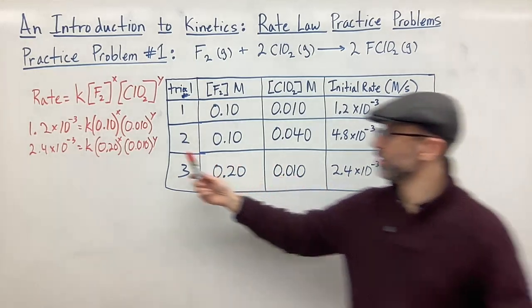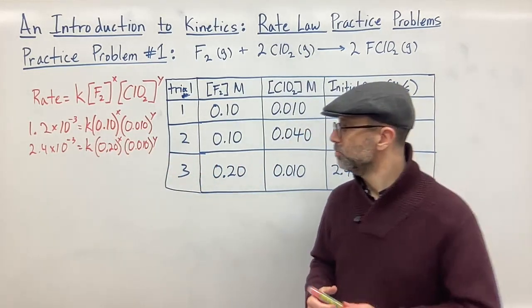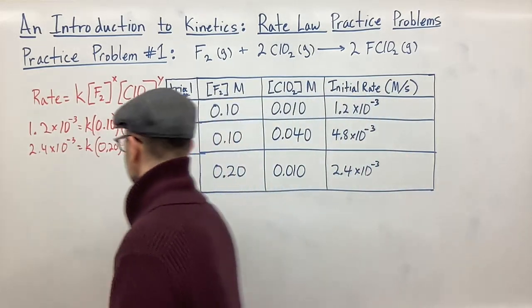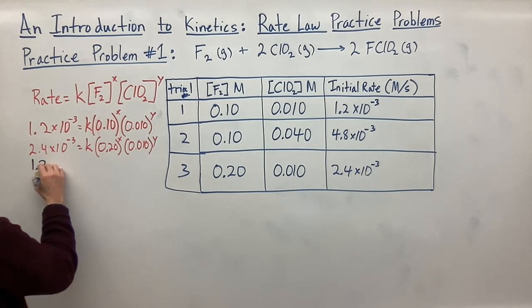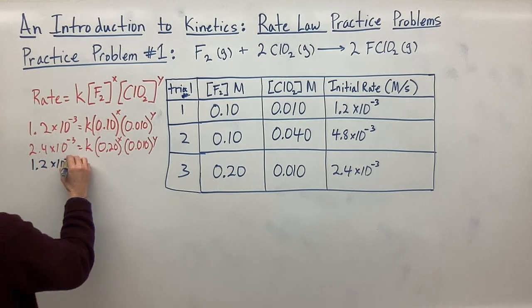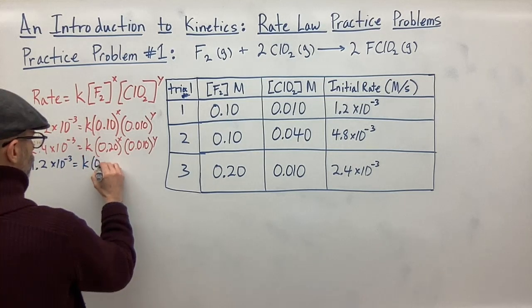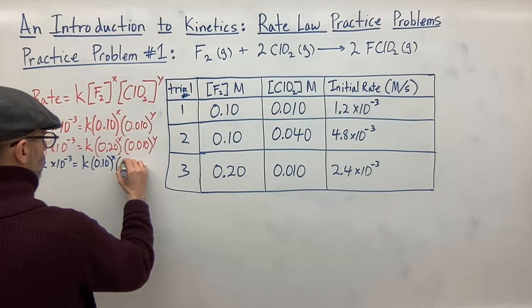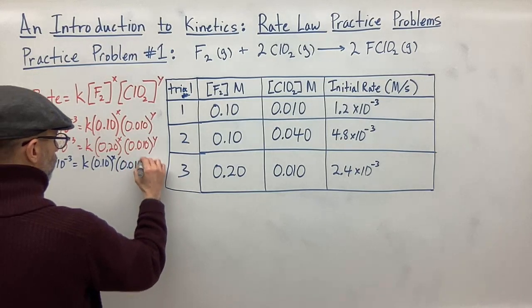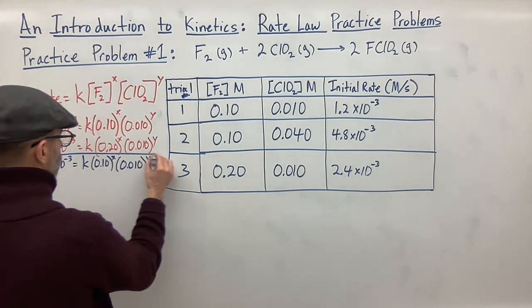So now all you have to do, now that you have these two expressions, is divide one by the other. So if I take this one and put it down here, I have 1.2 times 10 to the negative 3 is equal to K times 0.10 to the x times 0.010 to the y, and I divide them.